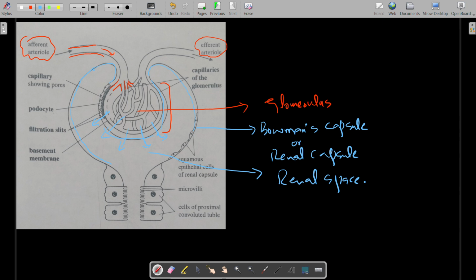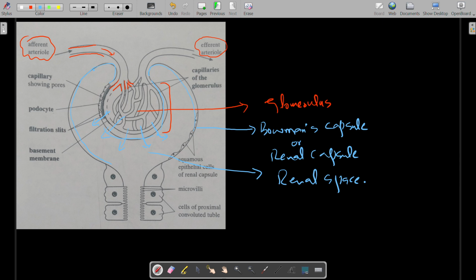There are certain dissolved substances like glucose, amino acids, urea, some creatinine, so they all leak out into this space. When it leaks out into the space, there are actually three different membranes through which it leaks out. These three membranes make the filtration barrier.